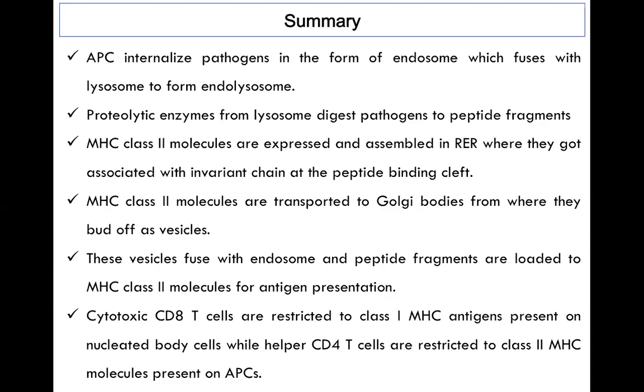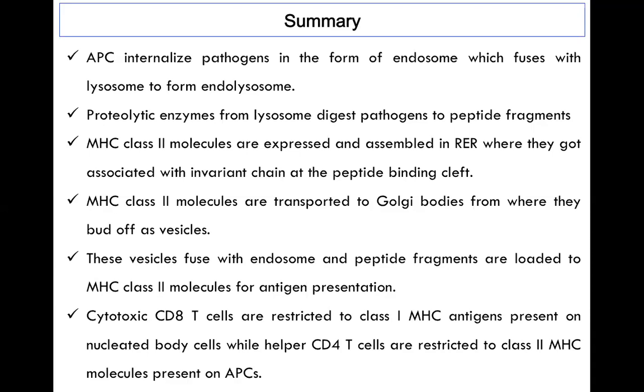After that, the MHC class 2 molecules are transported to the Golgi body, from where they bud off as vesicles. We already understood that these vesicles fuse with the endosome and peptide fragments are loaded onto the MHC class 2 molecule for antigen presentation.